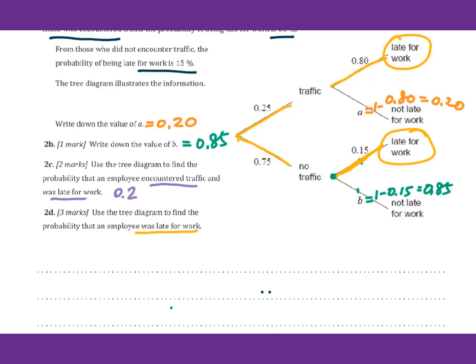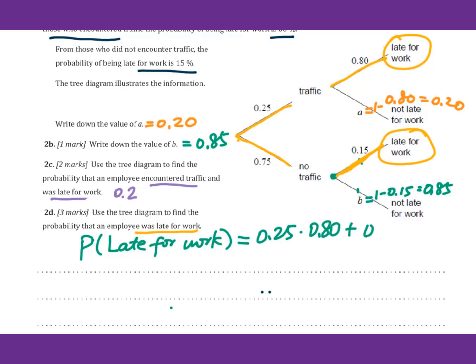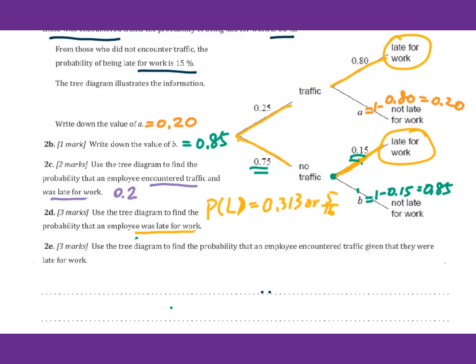So for the probability of late for work, that equals 0.25 times 0.80 plus 0.75 times 0.15. You will get 0.313. Or you can get the fraction that's 5/16.